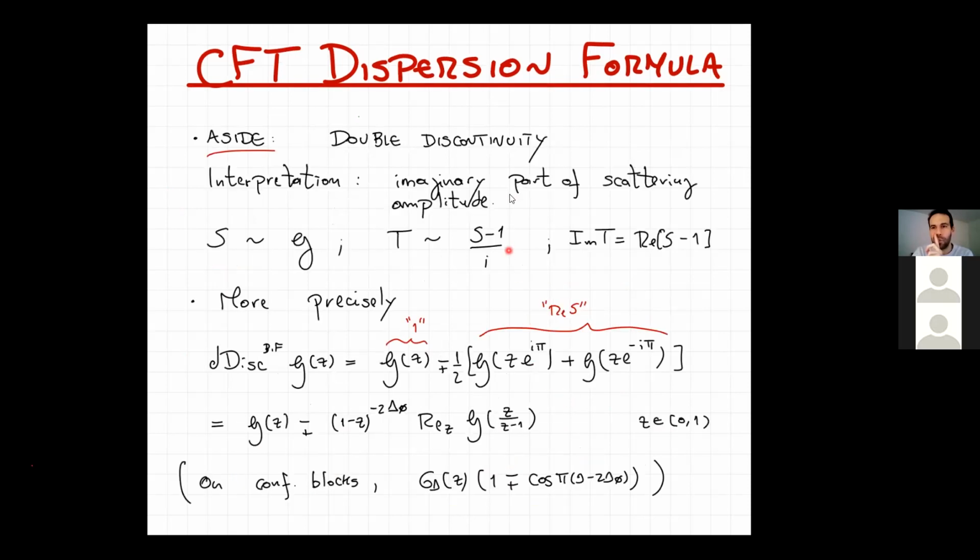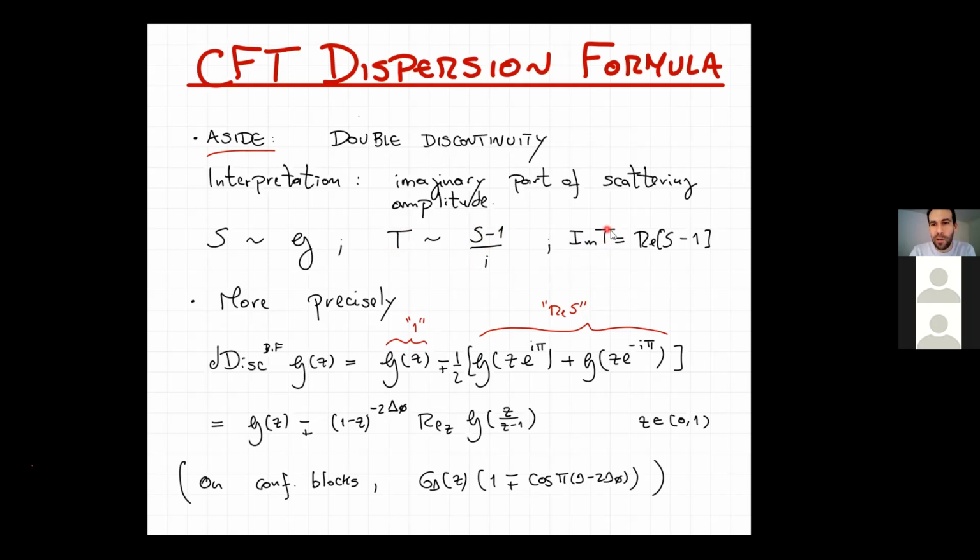Okay, before we continue, let me explain better this concept of the double discontinuity. You should think of it as the imaginary part of a scattering amplitude. Roughly, we should think that a CFT correlator is a bit like an S matrix. And so the connected part of the S matrix, the connected part of the scattering amplitude T, is just S minus 1 divided by i.